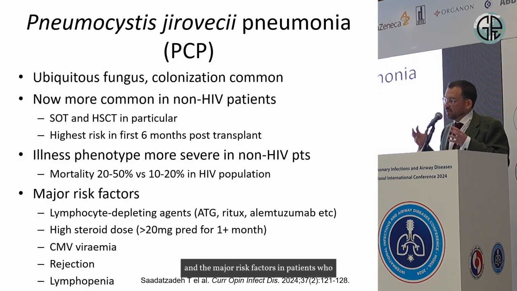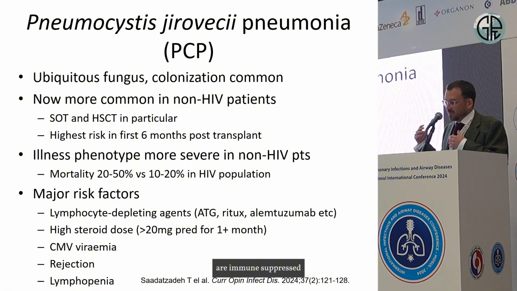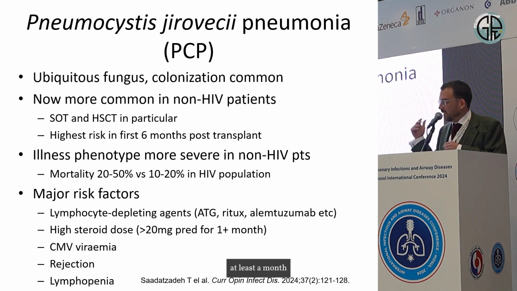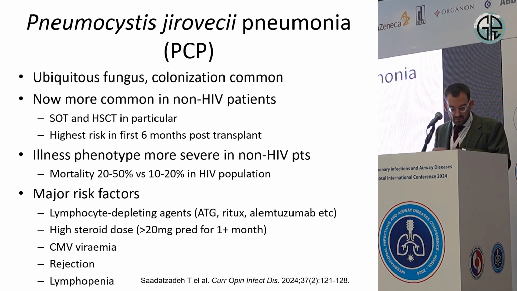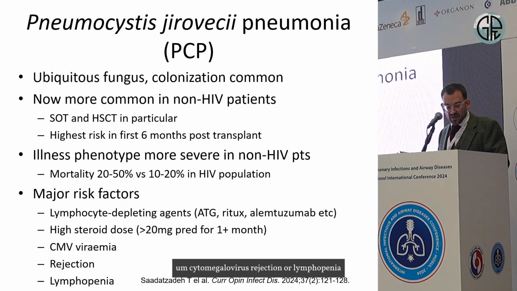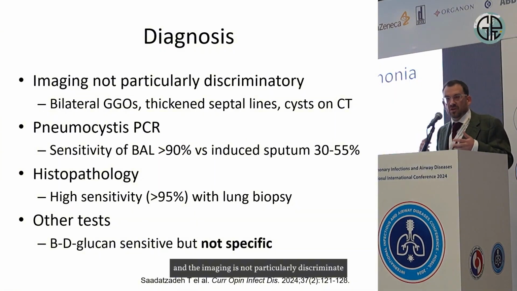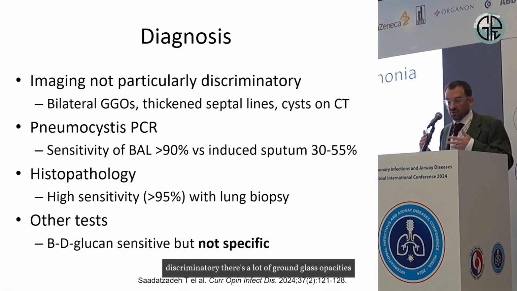And the major risk factors in patients who are immunosuppressed include lymphocyte depleting agents, be that anti-thymocyte globulin, rituximab, etc. High steroid doses, so if you've been on more than 20 milligrams of prednisolone for at least a month. Cytomegalovirus, rejection, or lymphopenia.